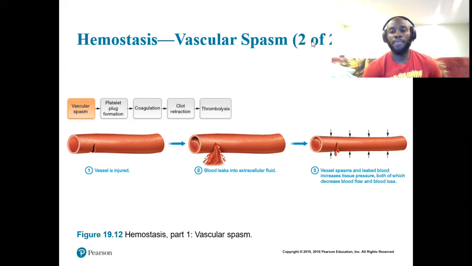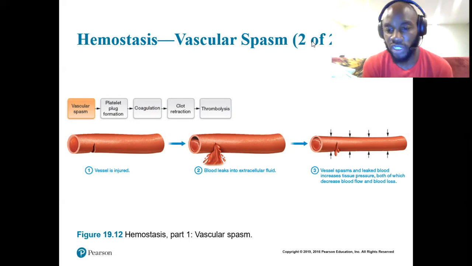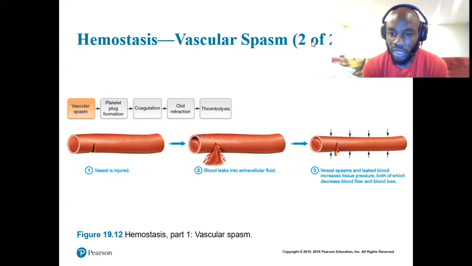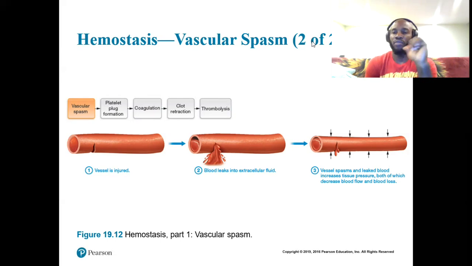This is showing you the first step, vascular spasms, which lead to vascular constriction. So these spasms cause the blood vessels to constrict and less blood leaks out. So you have a reduction in blood flow, a reduction in blood pressure. And we're going to talk about how blood flow and blood pressure are very much related.